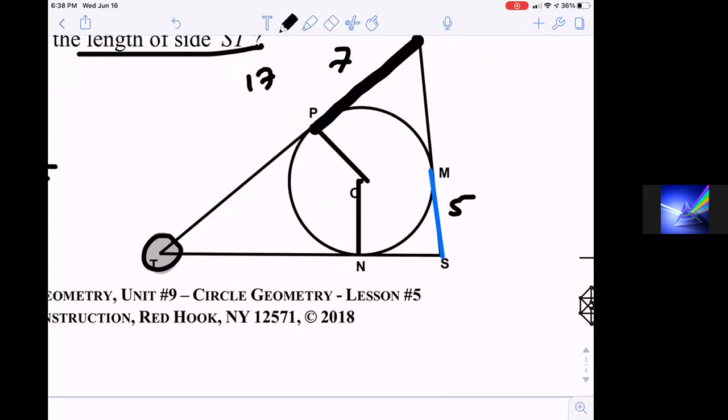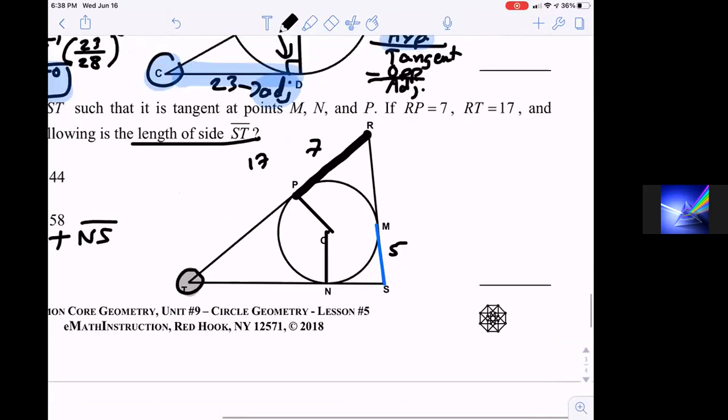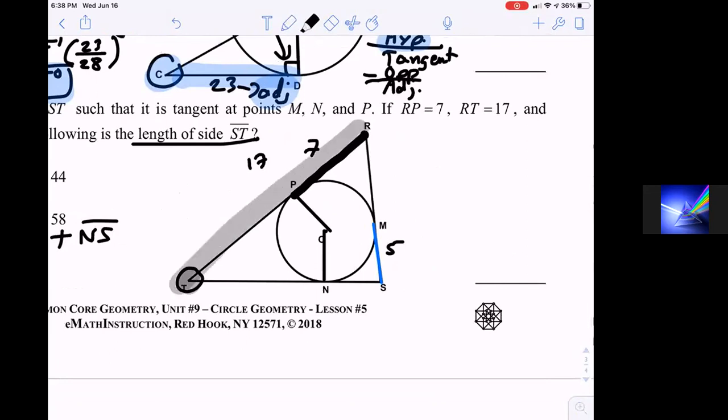The whole thing is 17 all the way across. So if that's 17 all the way across, then PT right here should be 10. 10 plus 7 is 17.